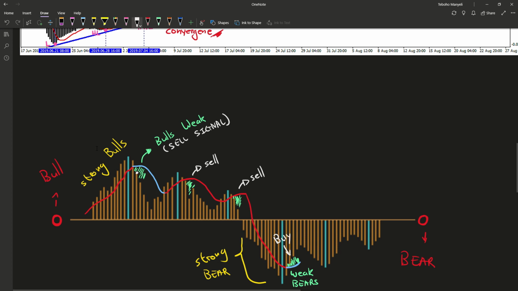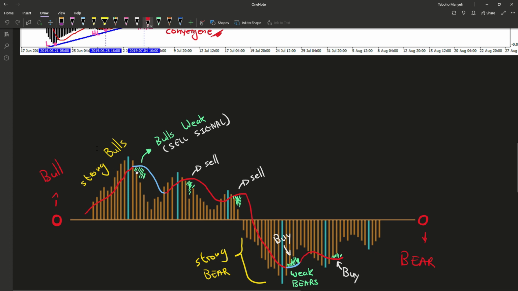Okay, so let's let it continue. So it goes on, and finally goes back into the histogram, showing that we've got strong bears, and then it leaves the histogram again, creating that space here that we're looking for, which indicates that at this point we've got weak bears, which invites buying opportunities.